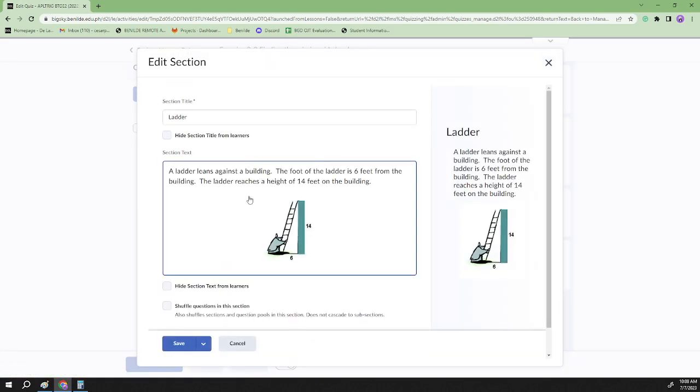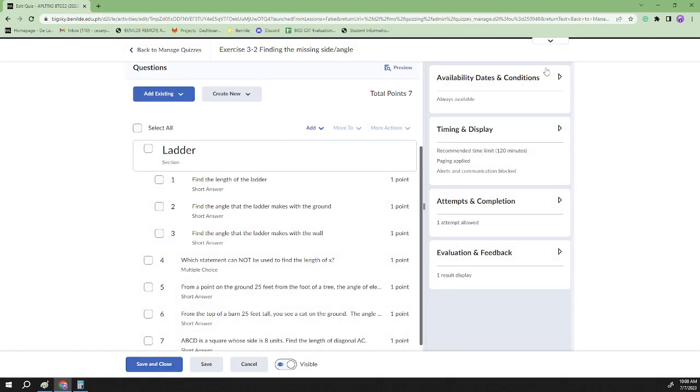Like we have a ladder leaning against a building. The foot of the ladder is 6 feet from the building, and the ladder reaches a height of 14 feet on the building. It's asking for the length and the angles that the ladder makes with the ground and with the wall.